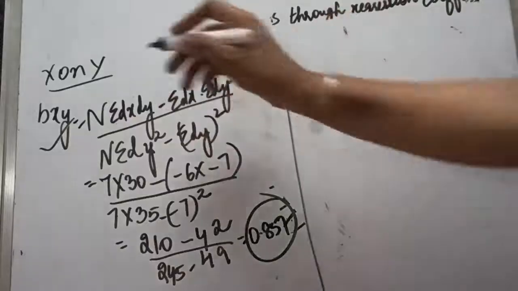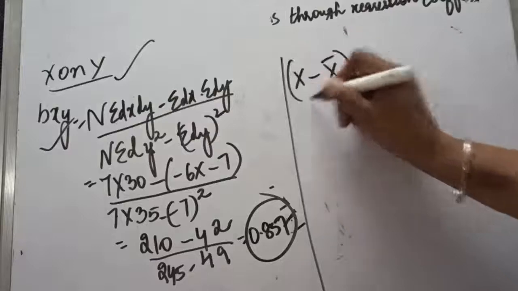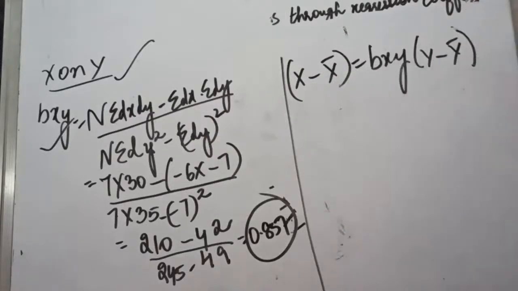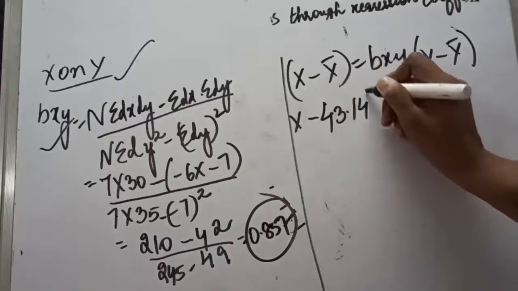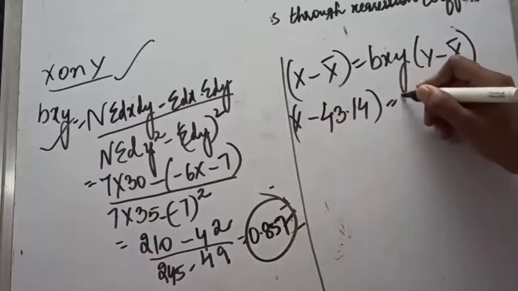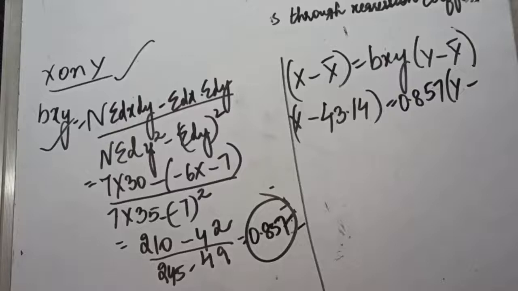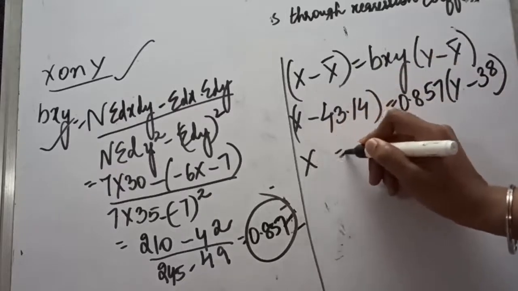After calculating this bxy, we now finally come to our equation x on y. The formula you will remember: x minus x mean is equal to bxy into y minus y mean. Now x will be at its own place. X mean we calculated initially, it was 43.14, is equal to the answer of bxy, 0.857, y as it is, and y mean we calculated as 38. As I told you, if we are calculating the x on y equation, only x will be on the left hand side.